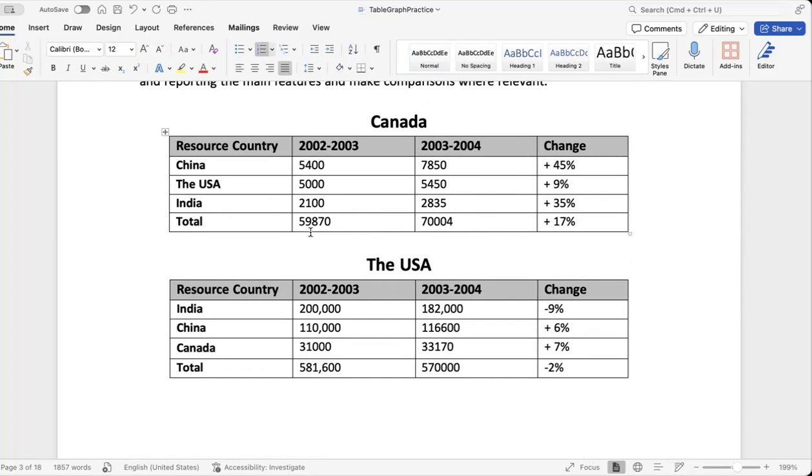So one sentence, give it. Then you come to that. Out of the 60,000 students in 2002-2003, 5,400 students were Chinese, 5,000 students were Americans, and 2,100 students were Indians. The number of Chinese and Indian students increased by 45% and 35% respectively, while the number of American students increased by only 9% over the given 1 year.